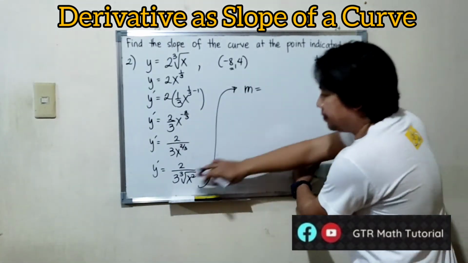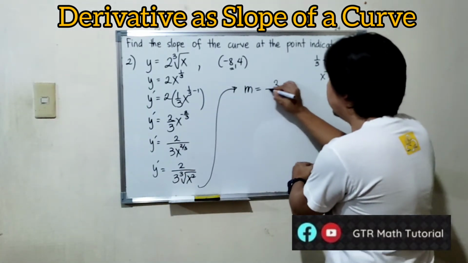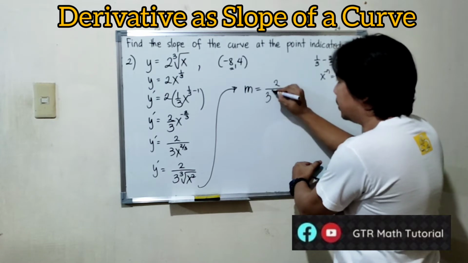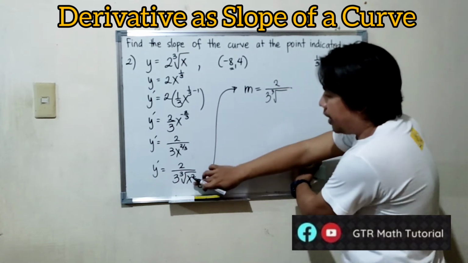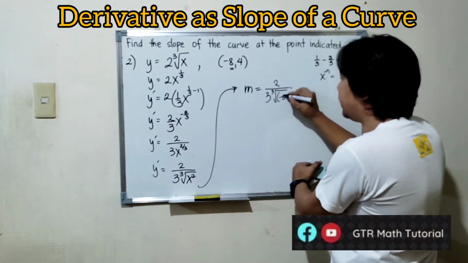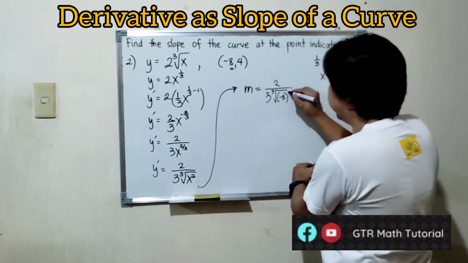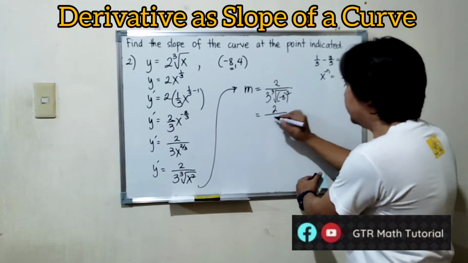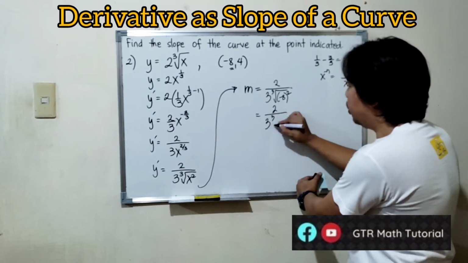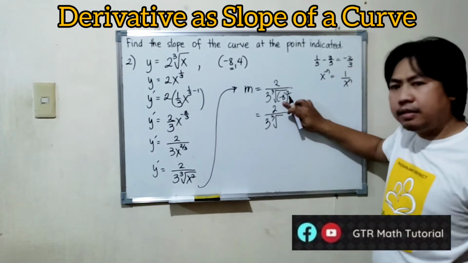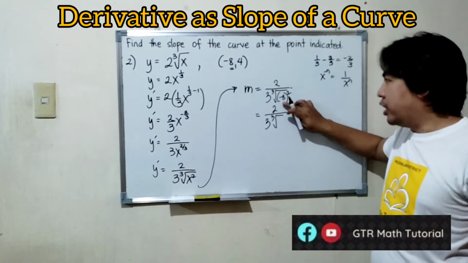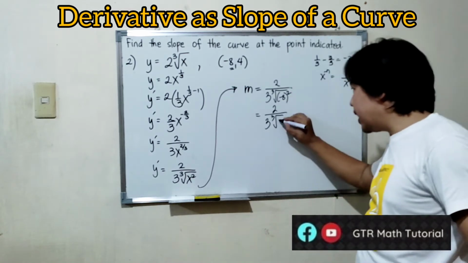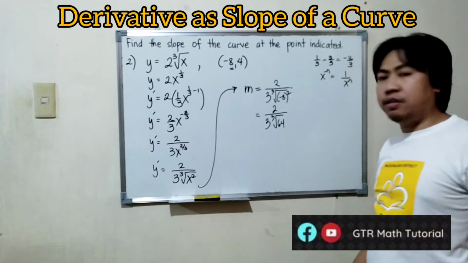So we have 2 over 3 times the cube root of negative 8 squared. Simplify: we have 2 over 3 cube root of negative 8 times negative 8. So negative 8 squared, negative 8 times negative 8, is equal to positive 64.